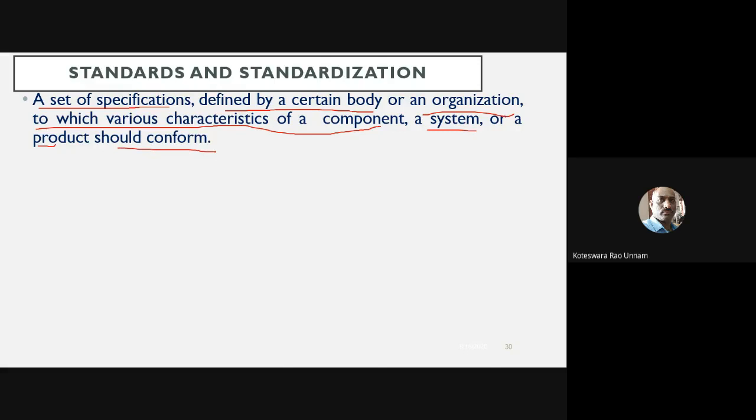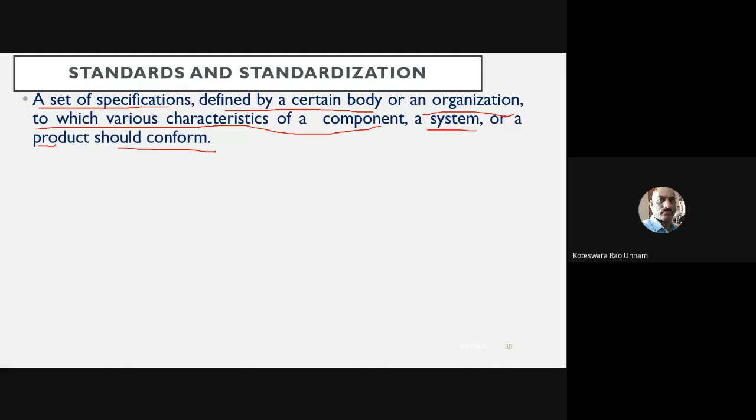So whether it is a component, a system or a product, we check whether it is governed by a given set of specifications or not. If it follows them, then we can say that the component is a standard component.